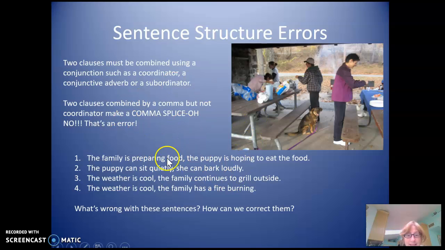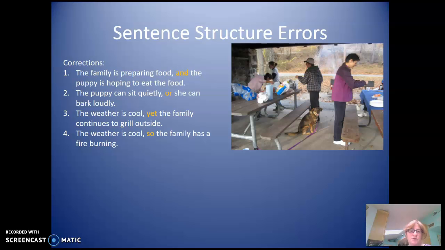We can't combine these two with just a comma. We would need and, or a period, full stop. The puppy can sit quietly, comma, she can bark loudly. Comma splice. You need to have or, or a full stop. The weather is cool, comma, the family continues to grill outside. Comma splice. We need to say the weather is cool, but the family continues to grill outside. So we can add a coordinator, as you can see here.